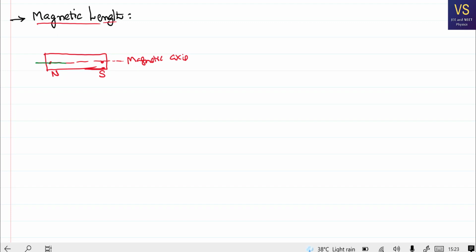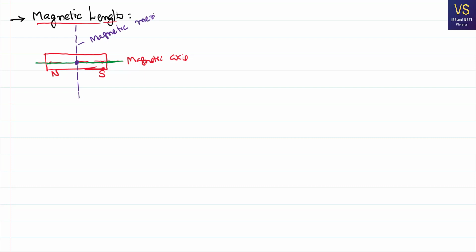A line passing through both the poles of the magnet is called the magnetic axis, right? You can have another line that is passing through the center of the magnet perpendicular to the magnetic axis. This line is called the magnetic meridian, or simply an equatorial line.